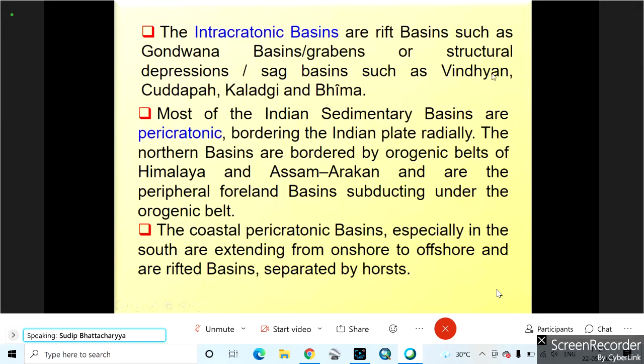This is very important: sag basins have Proterozoic sediments. Proterozoic sediments are not so biota-rich, and that is the reason why they are not that important. But we know carbonate sediments are there in the Vindhyan, Kadapa, Kaladgi, and Bhima, and with this we also have some shale-rich, black shale parts.